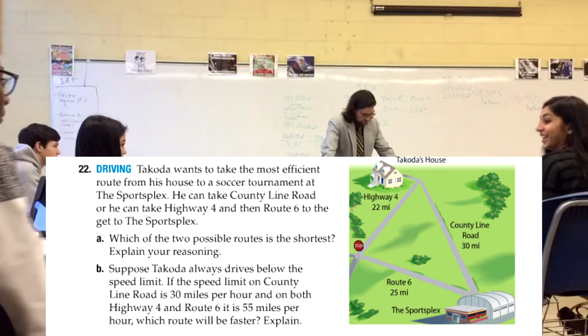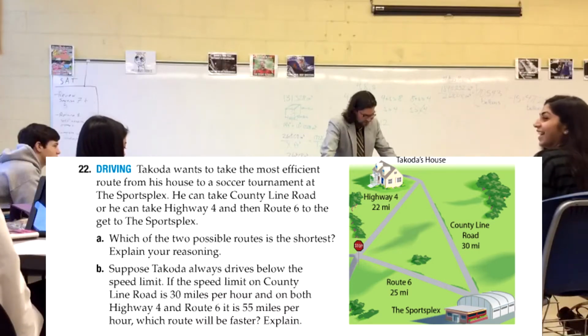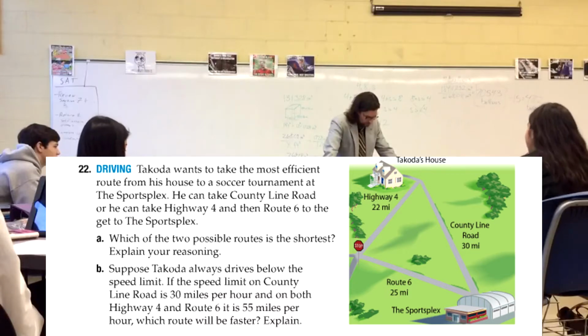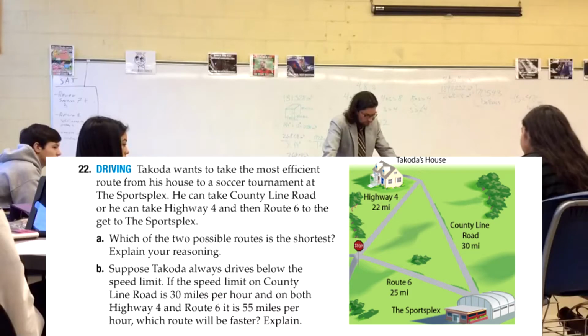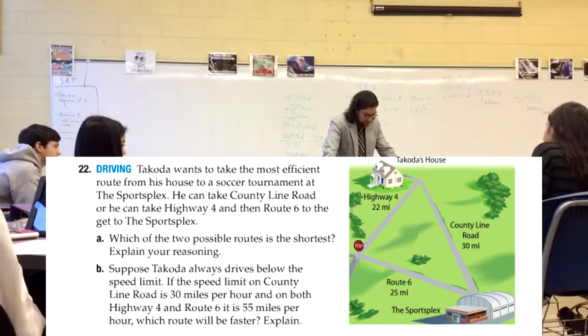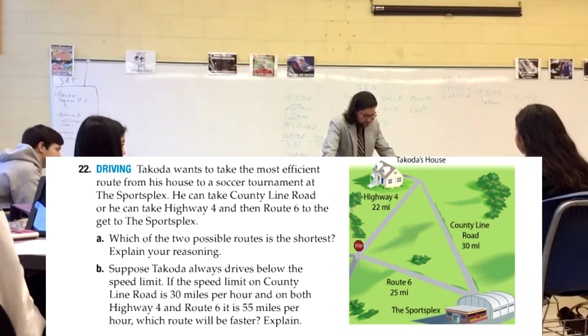You're going 47 miles, and you're driving those 47 miles at 55 miles per hour. So you're going faster than a mile per minute.